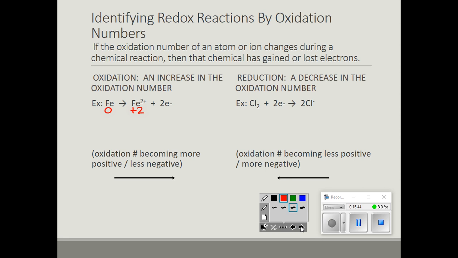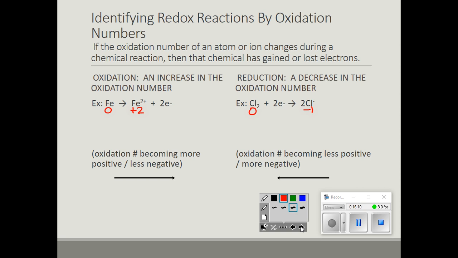If something gets oxidized, its oxidation number goes up, gets more positive. If reduction is happening, the oxidation number decreases. Chlorine's oxidation number when it's an element is 0. When it's an ion, -1. Remember, I'm considering each chloride ion and what its oxidation number is.